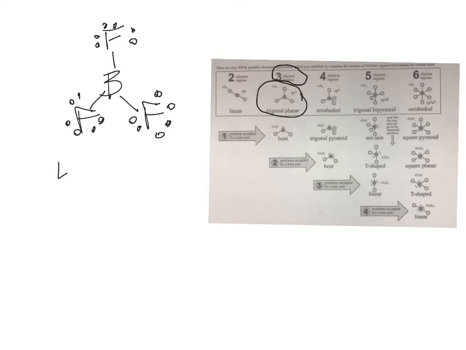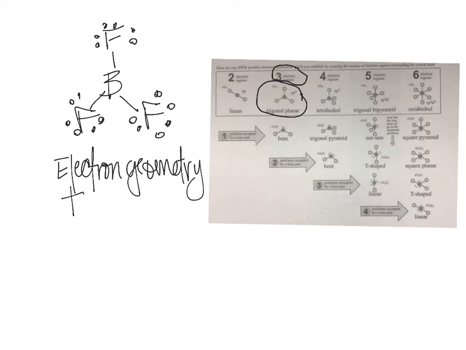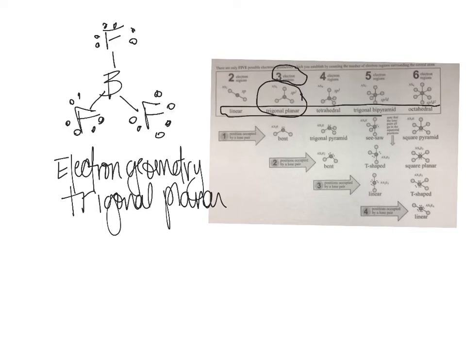So our electron geometry will be trigonal planar, and I want you to note that these 5 are the only possible electron geometries.